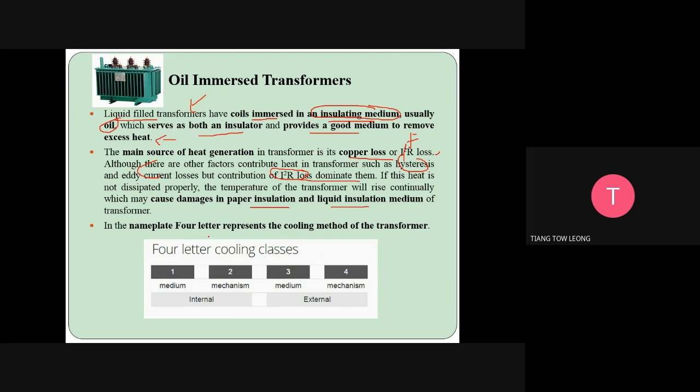The nameplate has four letters that represent the cooling method of the transformer. Usually, to know the cooling system of the transformer, we look at the cooling class. The first character is the medium, then the mechanism: the medium is what, the mechanism is how. This is for internal, and this is for external.